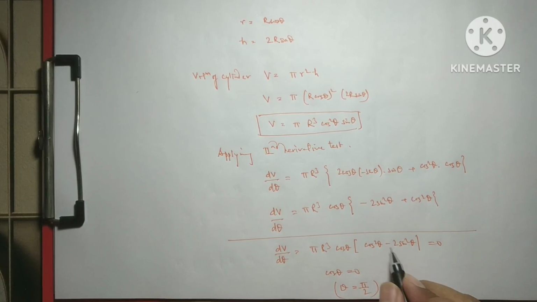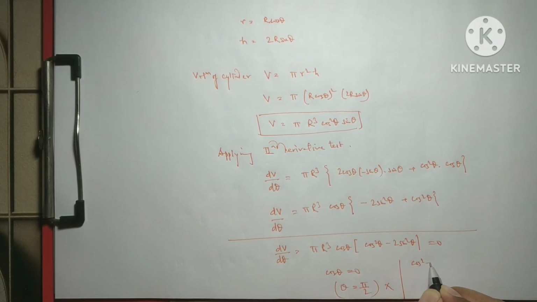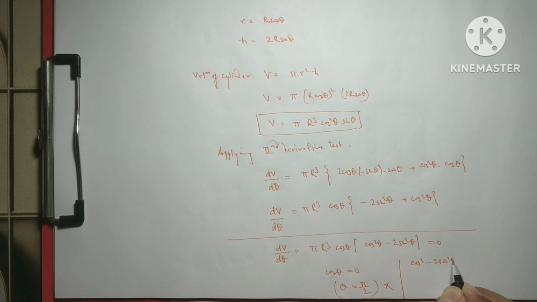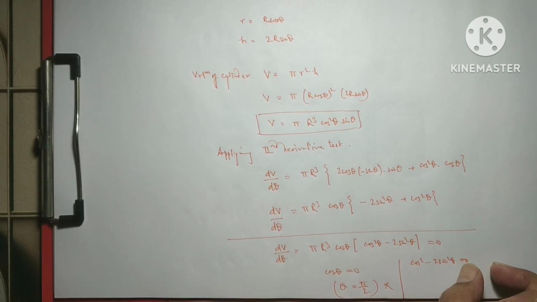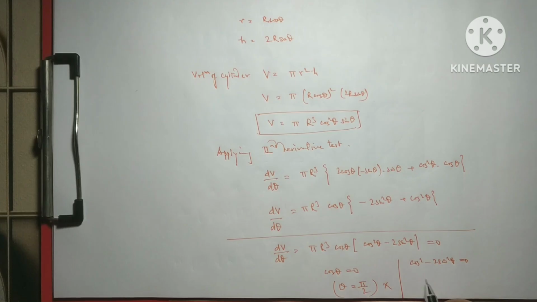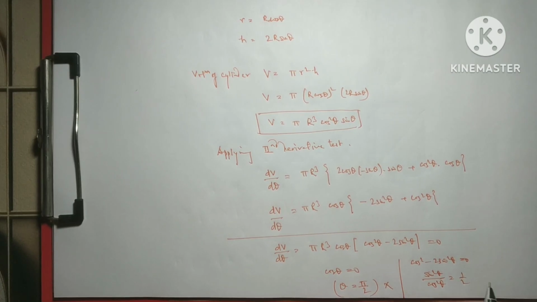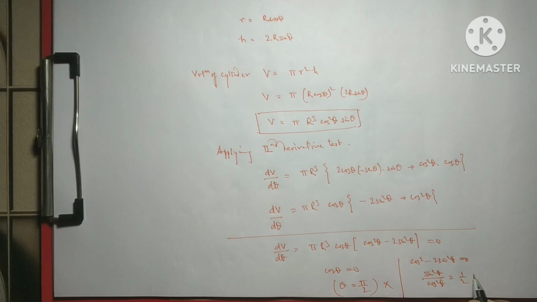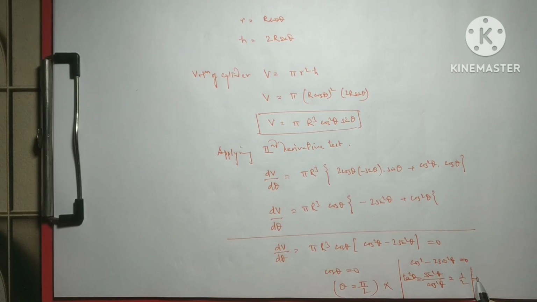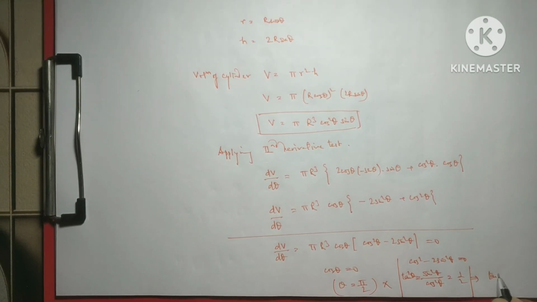And the second one is cos square theta minus 2 sine square theta equals 0. So sine square theta over cos square theta is 1 by 2. So tan square theta is 1 by 2, and we get tan theta equals 1 over root 2.